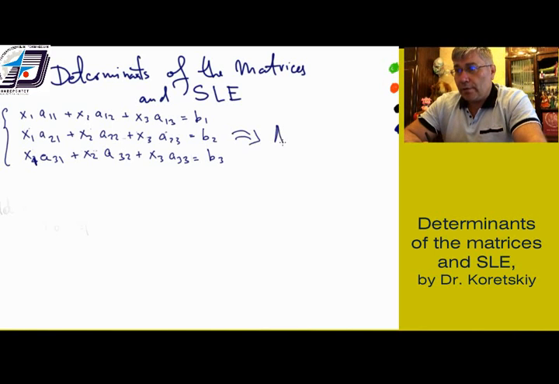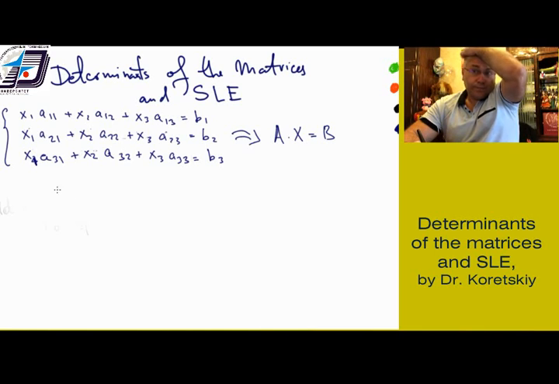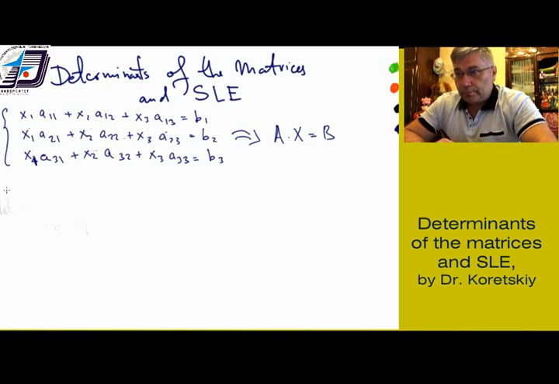We can turn this form into matrix form. A times x equals b. Matrix A consists of the coefficients of the equations.